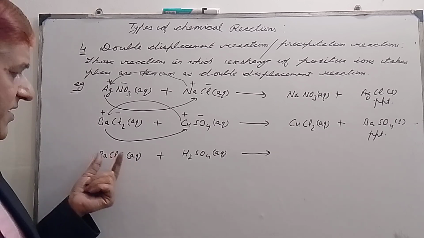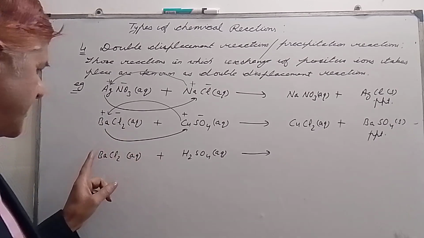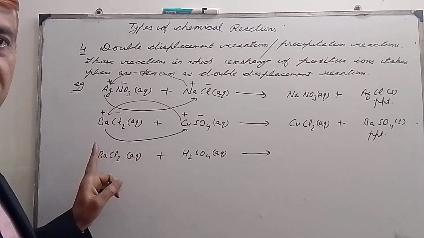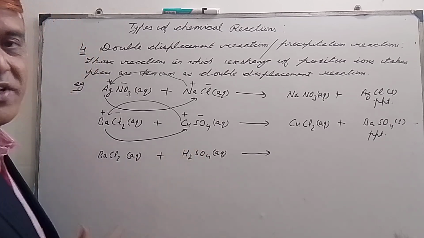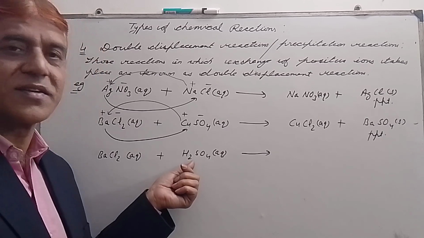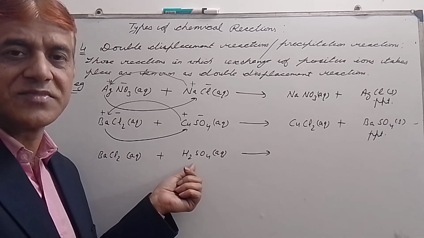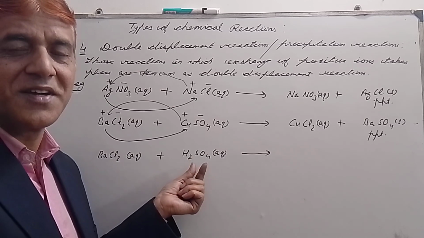Why is it ionic? I have told you, ionic compounds are made up of metals and non-metals. Barium is a metal, chlorine a non-metal. But sulfuric acid is different: there is no metal element present in this acid. It is made up of only non-metals.